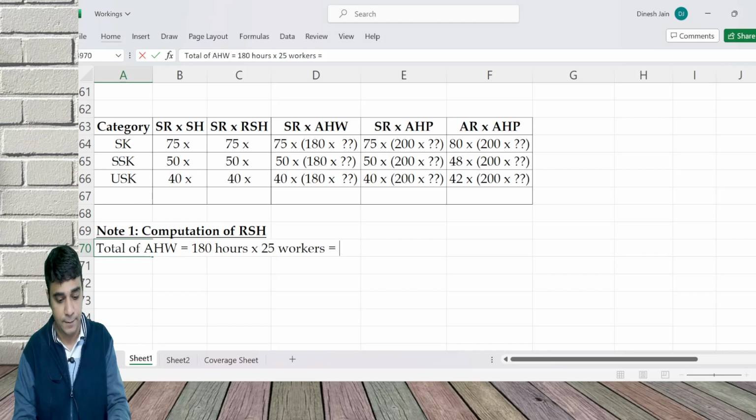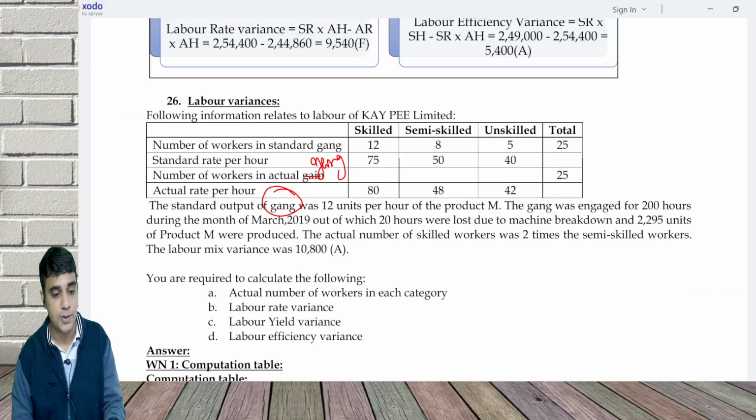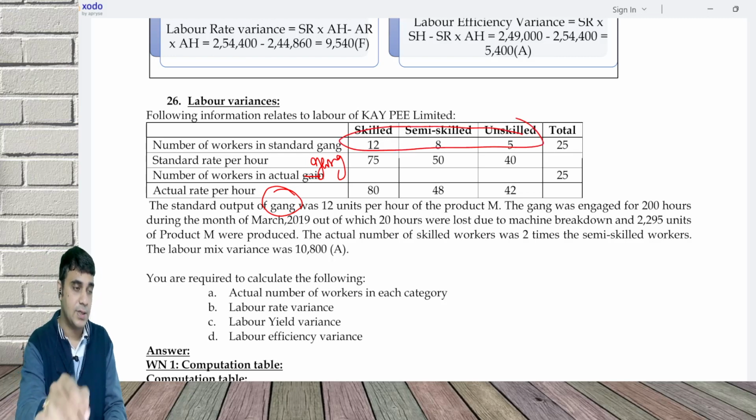Tell me the AHW number. 4000. Split this as RSH of skilled equal to RSH of semi-skilled equal to RSH of unskilled equal to. The standard composition or mix is given in the question. What is the standard composition? Sorry, 12, 8 and 5.